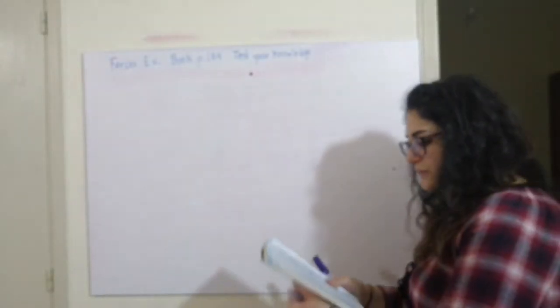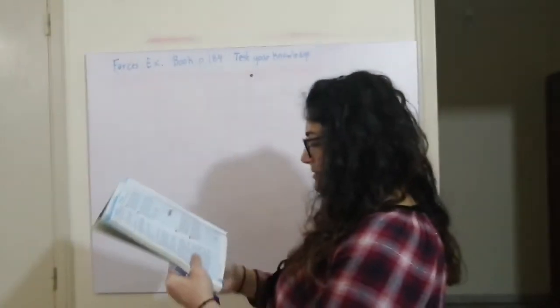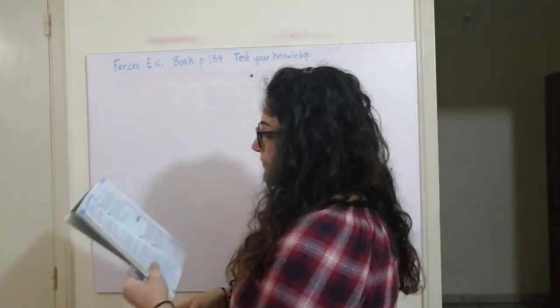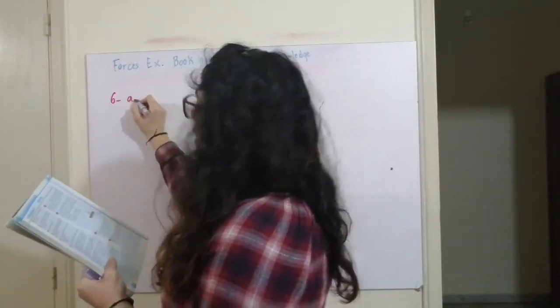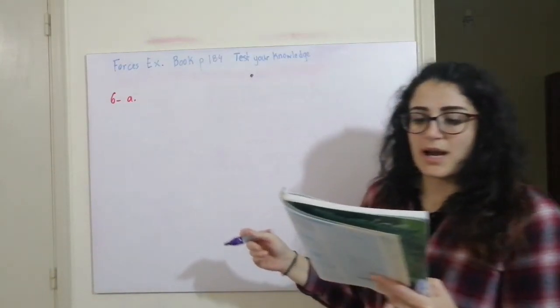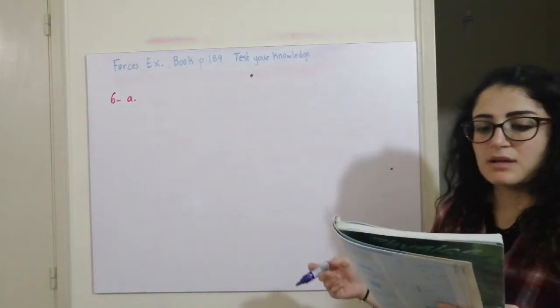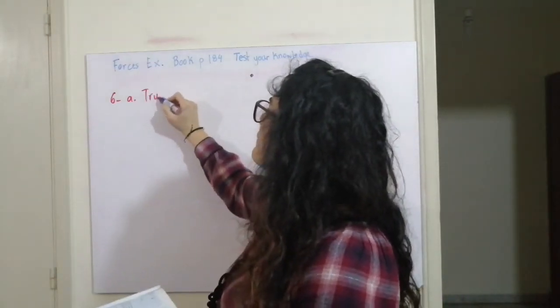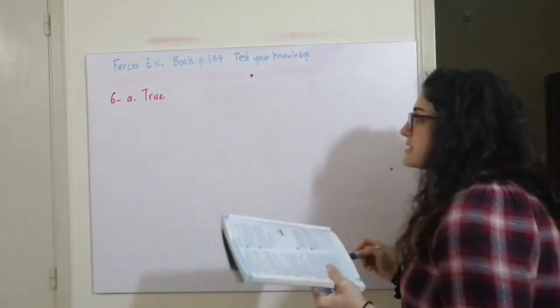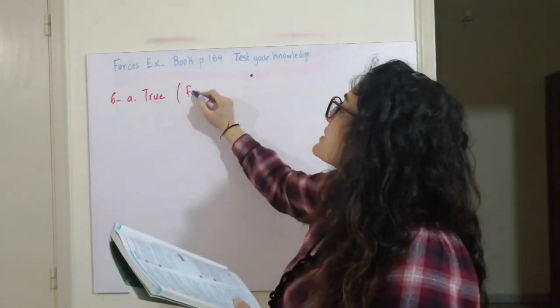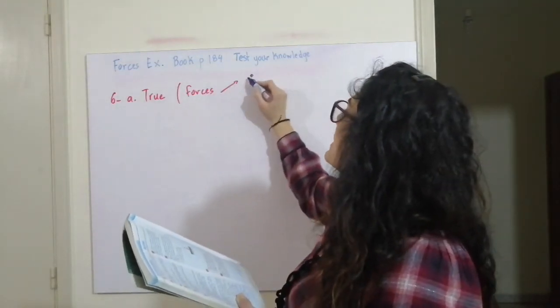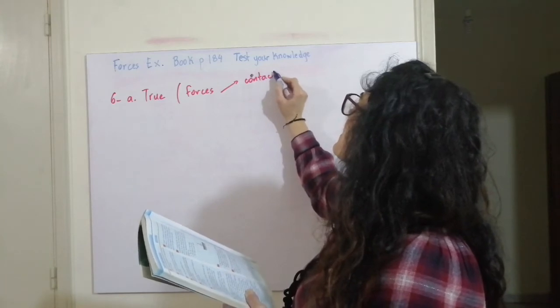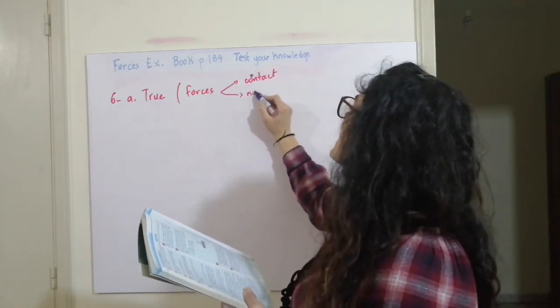Number 6, true or false, correct the wrong statements. A. When two bodies interact, they may or may not be in contact with each other. This is true. If you want to justify, you can say that forces can be contact force or non-contact force.